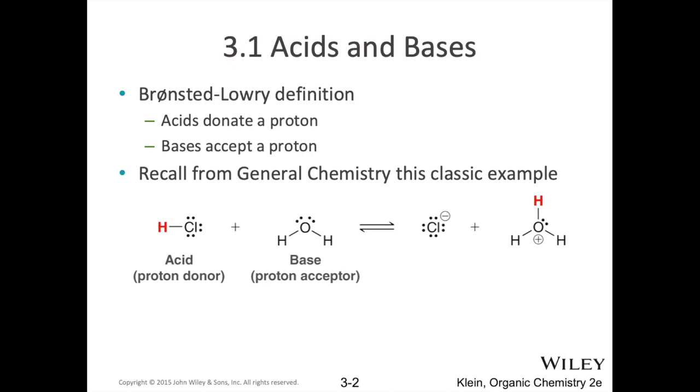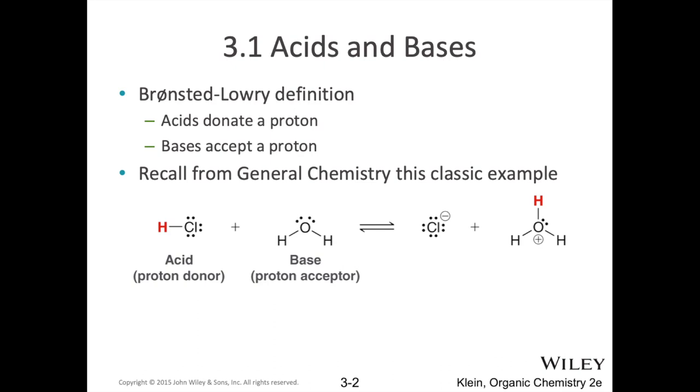So just to jog your memories, the Bronsted-Lowry definition of an acid and a base looks at where a proton is going. Now, a proton is the same thing as an H plus ion, because remember, the most common isotope of hydrogen is hydrogen 1, which is just a proton and an electron with no neutrons. So if you remove that one electron, all you have left is a proton.